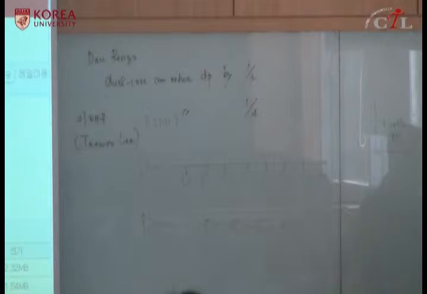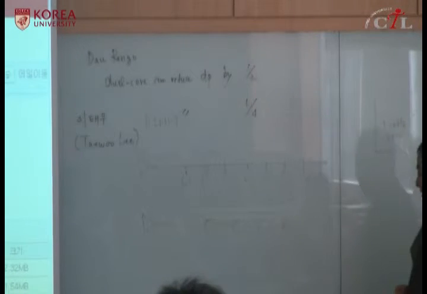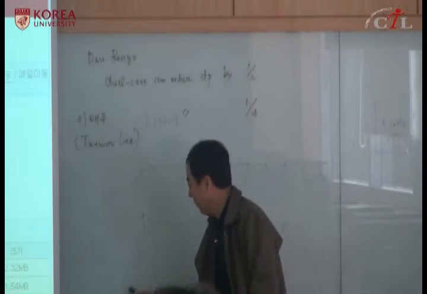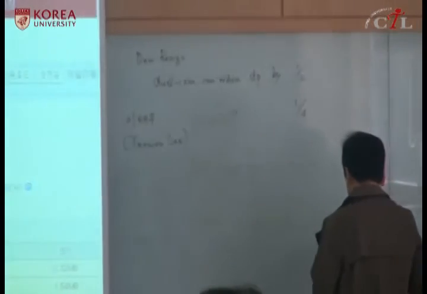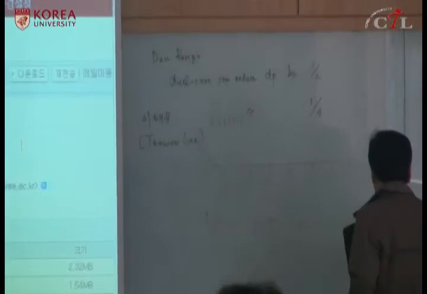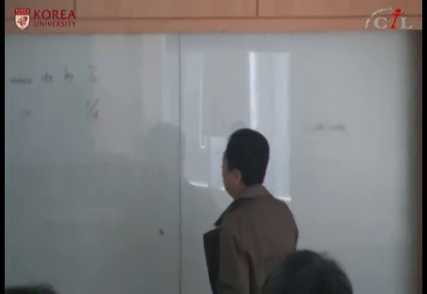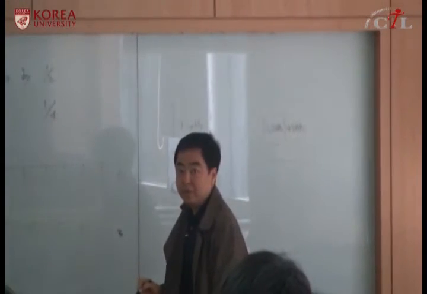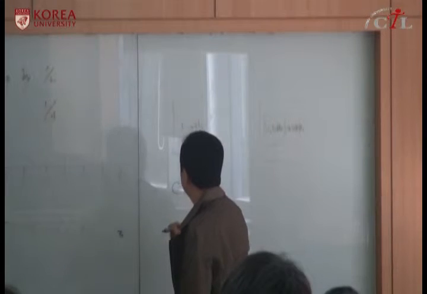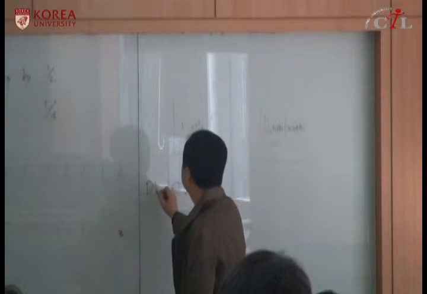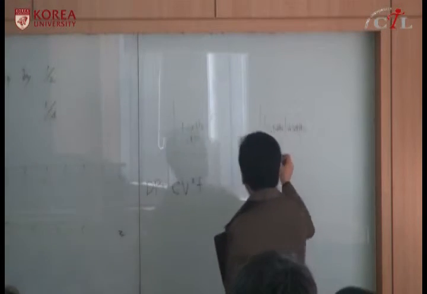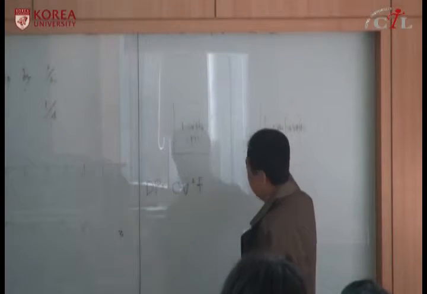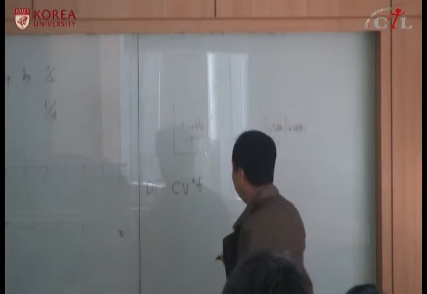Okay, let's do a simple calculation. So it's CV square F. Original dynamic power is CV square F. Let's compute the power consumption for this one.